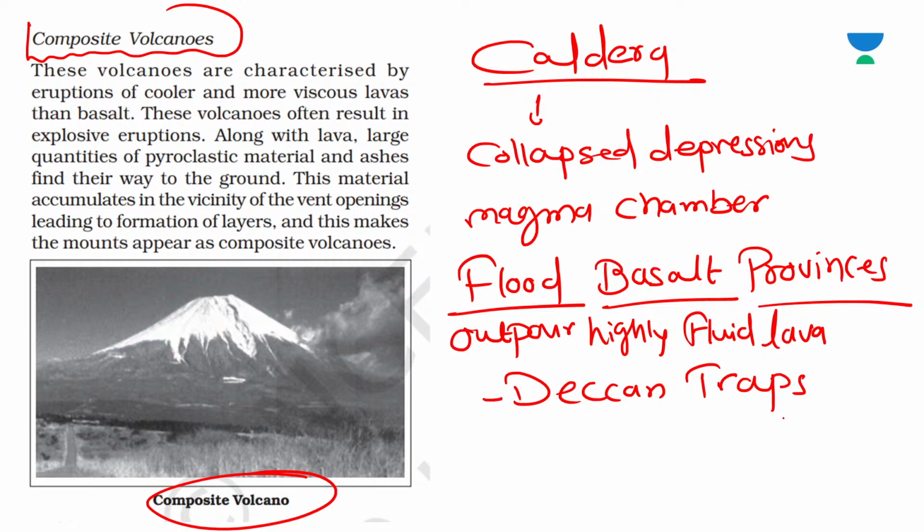Deccan traps from India, presently covering most of the Maharashtra plateau, are a much larger flood basalt province. So it is believed that initially the trap formations covered a much larger area than the present.